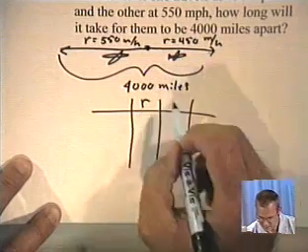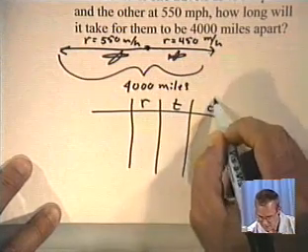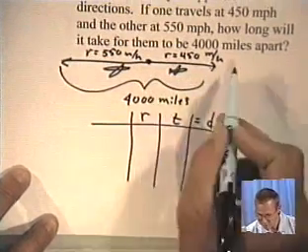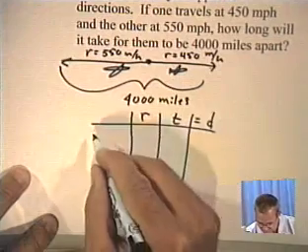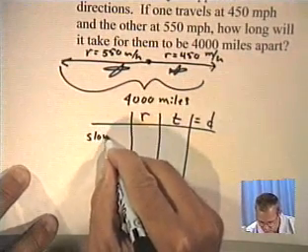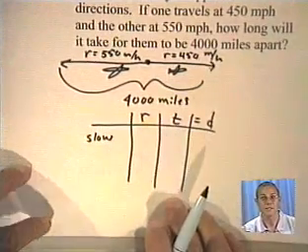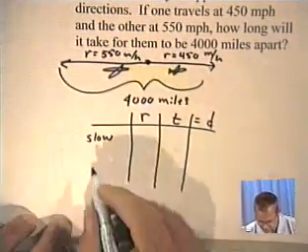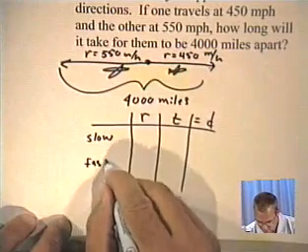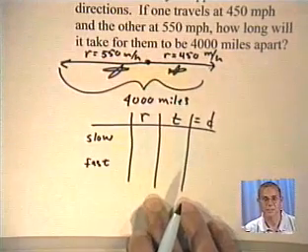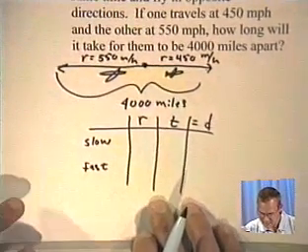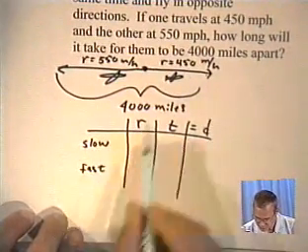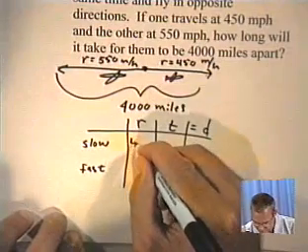So we have rate times time is equal to distance. Now let's see, I have an airplane going 450 miles per hour, so I'm going to label that airplane as the slow one. The slower airplane is going 450.